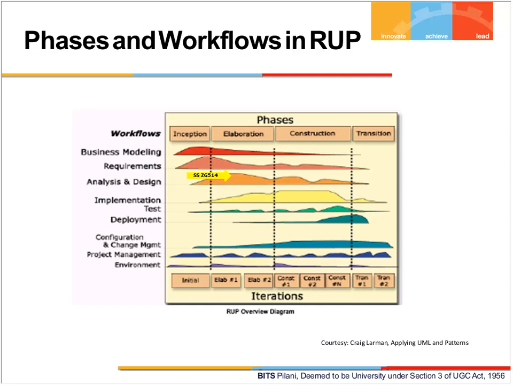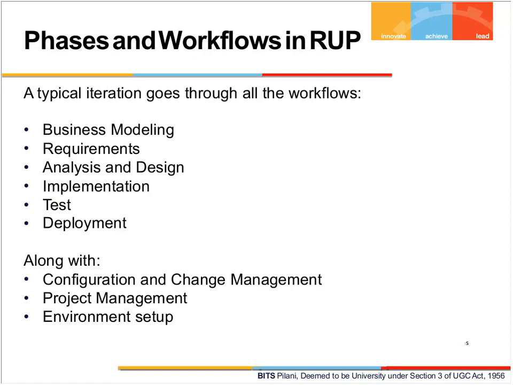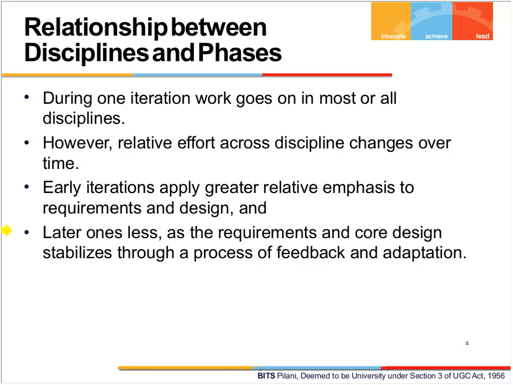Whereas the latter discipline activities have their peak in the latter iterations, right? In the latter ones, the requirements and core design stabilize through a process of feedback and adaptation. So there is little emphasis that you put on the requirements and design work activities in the latter iterations, right?